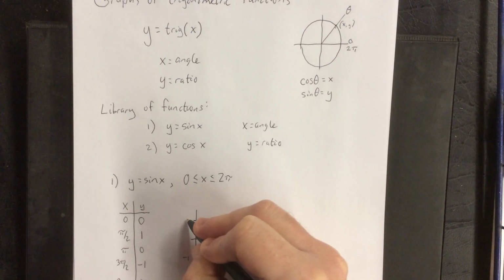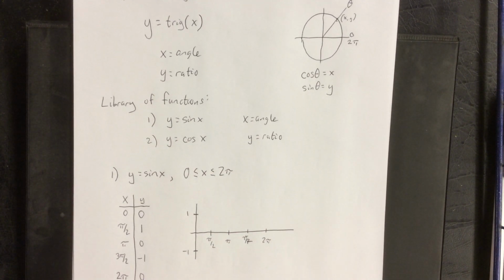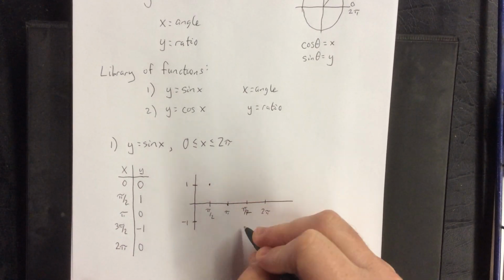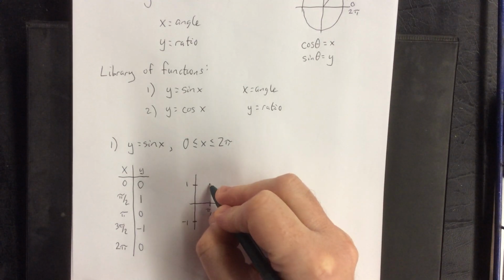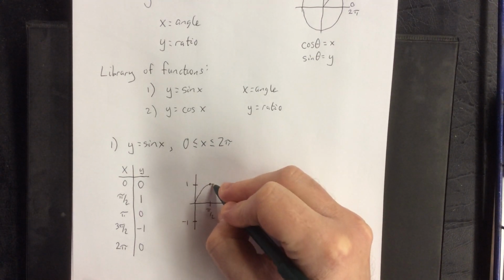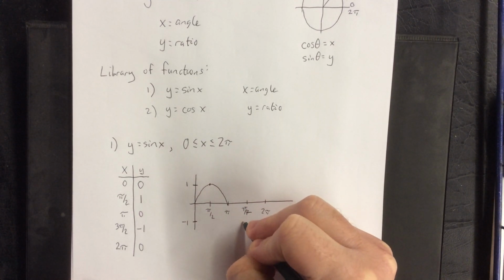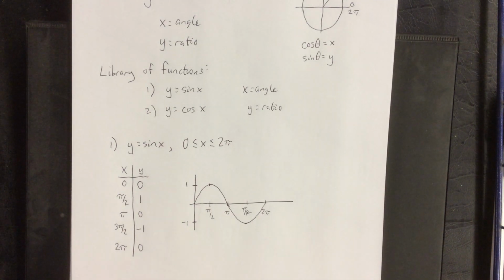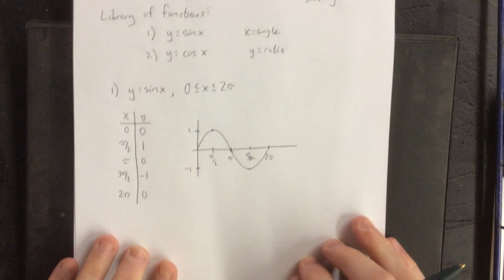So go all the way down to -1, all the way up to +1. I'm going to plot these 5 points, and like the majority of the functions that we've been dealing with throughout the course of the semester, there are 2 words that we use to describe something like this, and they are smooth and continuous. So the smooth continuous function that passes through these 5 points will look like this.